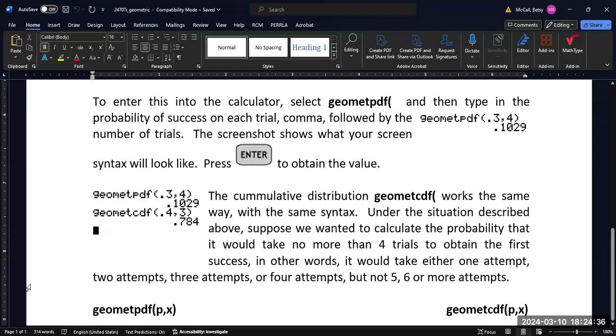But the syntax is always going to be the probability and then X in both of these cases. So unlike the binomial, you don't have to specify the number of trials because you're just going until you get this first success. So the number of successes you're always looking for is 1, so you don't need to specify that. X is as if your number of trials, you're going until you get that first one.